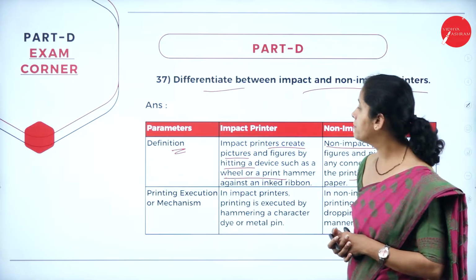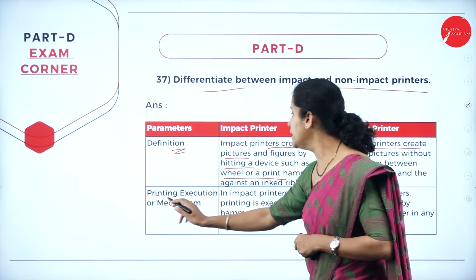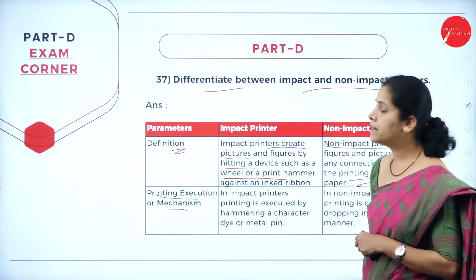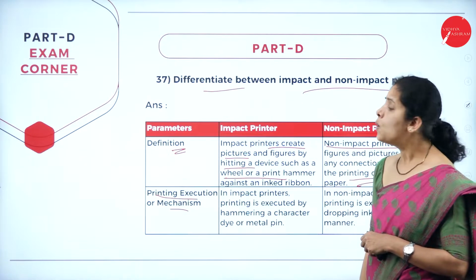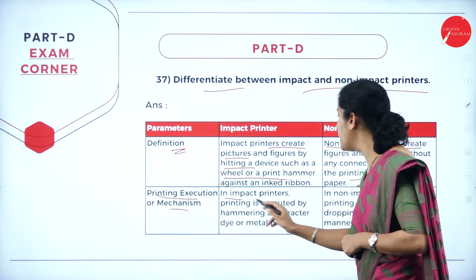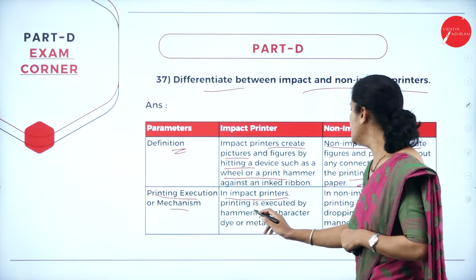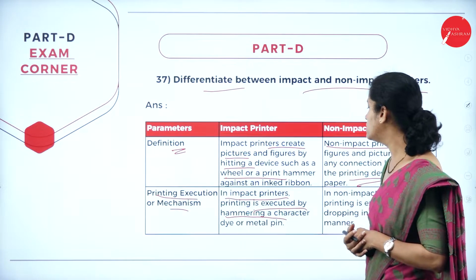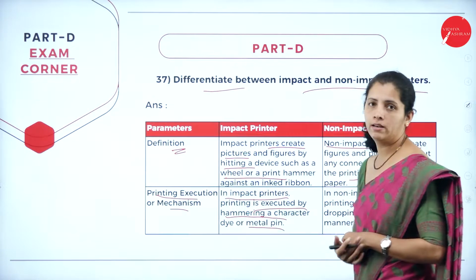Now, the second difference here: printing execution or mechanism. So, what's the parameter I'm going to consider here? What is the mechanism of the printer? That is, in impact printers, printing is executed by hammering a character or metal pin.